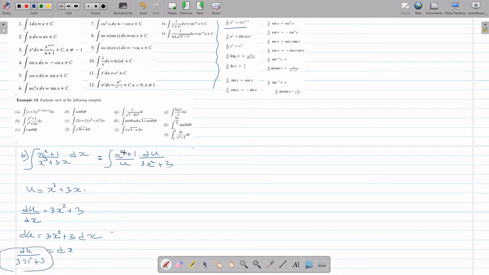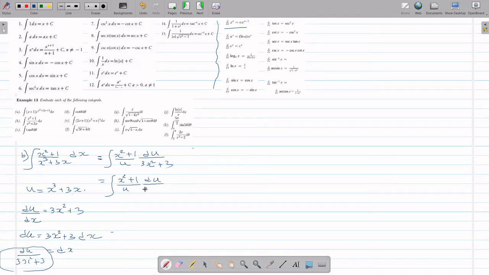Again here I need to pull out a 3 to cancel out. These two don't directly cancel out, but there is a common factor 3 I can pull out. So here I have x squared plus 1 over u du.